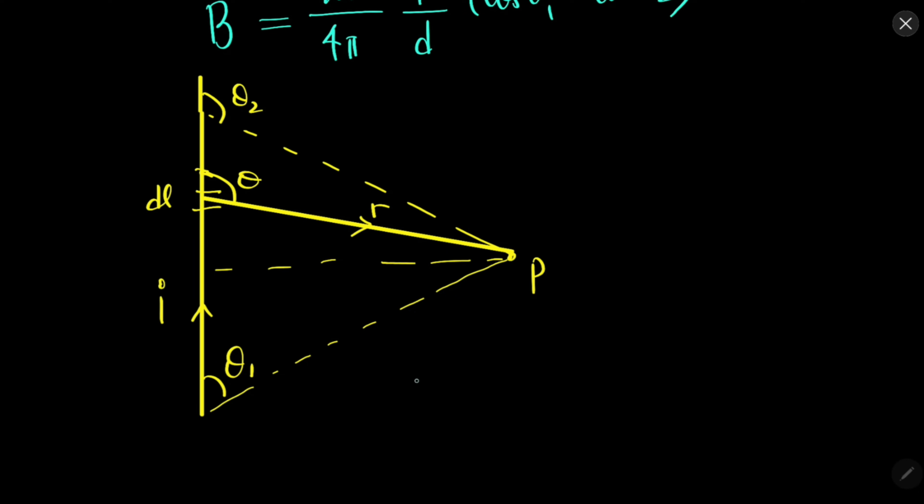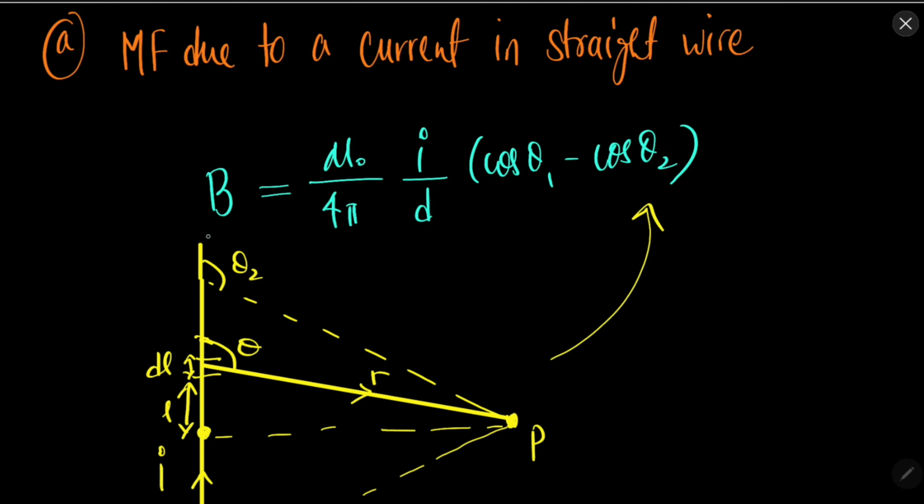Current in this wire is I, and the perpendicular distance between the point and the wire is capital D, and the distance between the perpendicular point of the wire from the point P and the dl which we are taking is small l. So this much is small l and this is dl, small region. For this situation the formula comes out to be this.